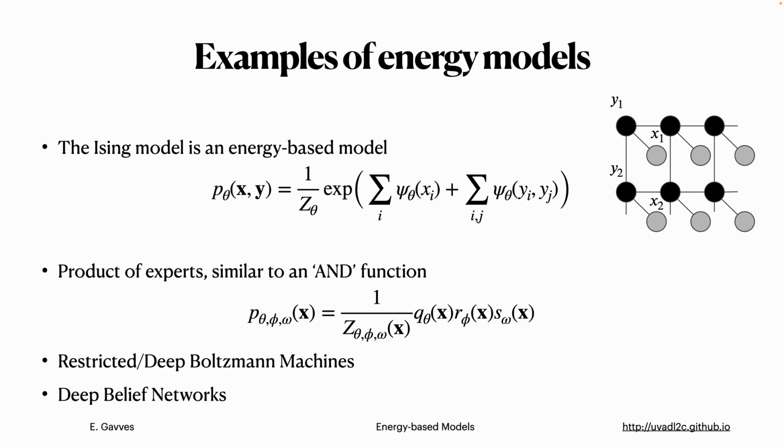So let's say this is your image. Your observed variables are your pixels, x1, x2, x3, x4, etc. And let's say that these observed variables are noised up. So you have salt and pepper noise, and you want to find the clean version of the image, which you call y.